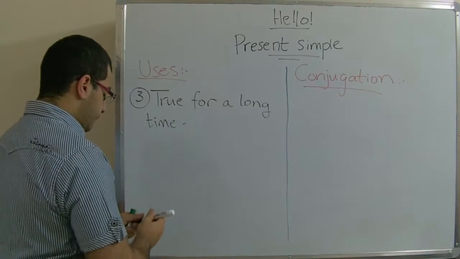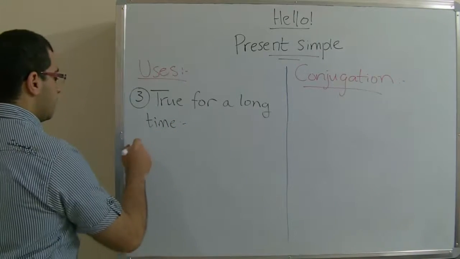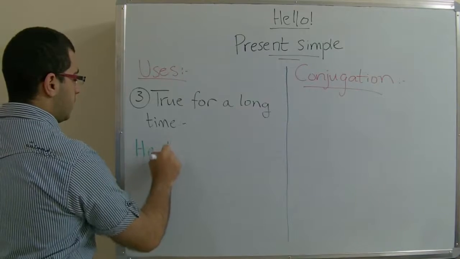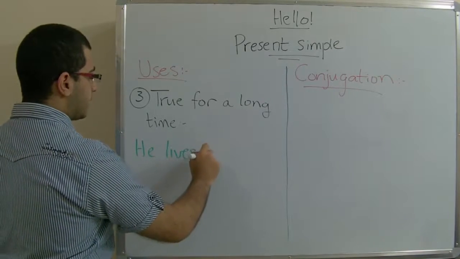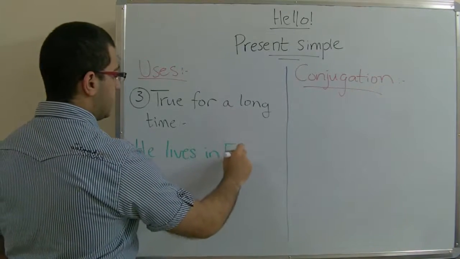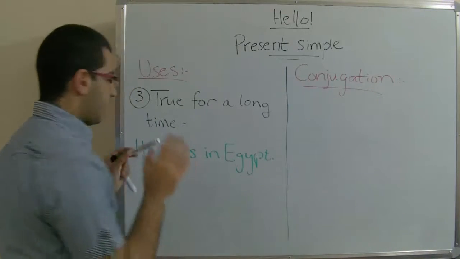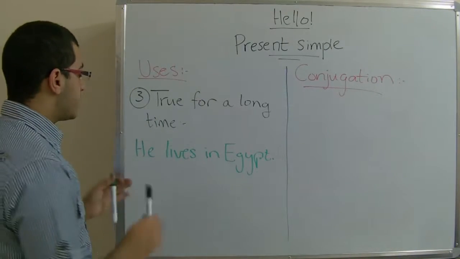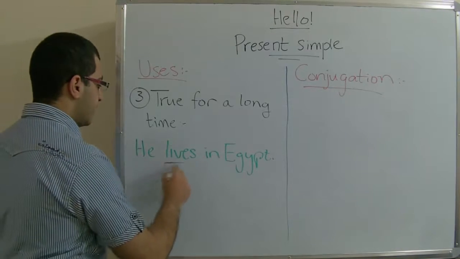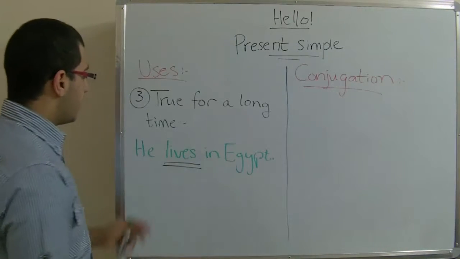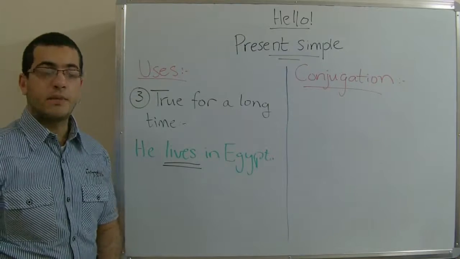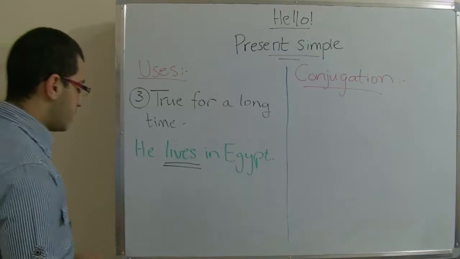Like, he lives in Egypt. You are talking about someone and you say that he lives in Egypt. So he's still living in Egypt until now, and this is true.